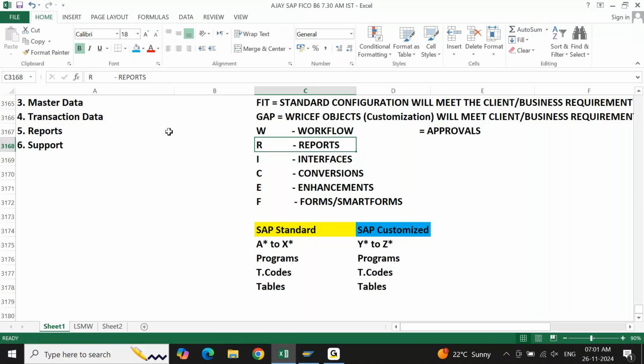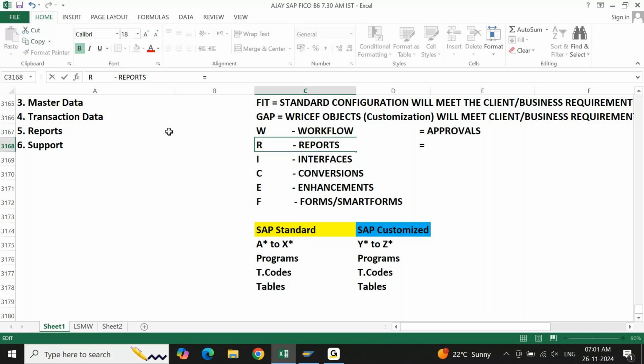When you're talking about report, everybody is aware of the report, right? It is used for different analytics, analysis, master data and all. Report is used for 2 points.